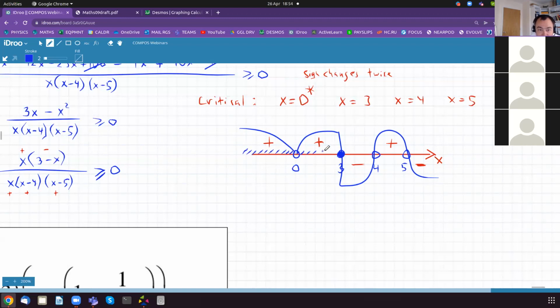So we are interested in those. So x belongs to the interval from -infinity to 0, not included, and from 0 to 3, including, or from 4 to 5, not included.